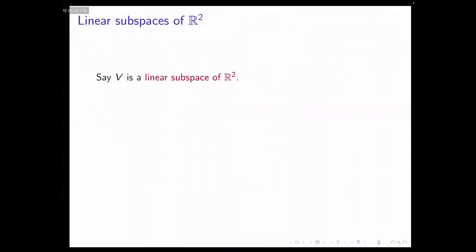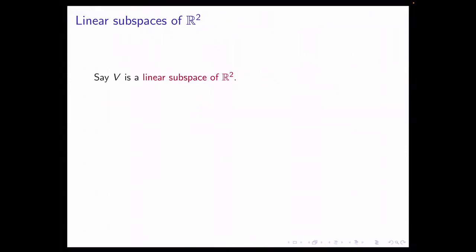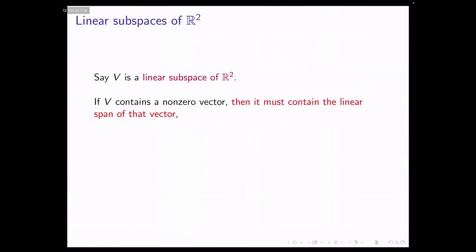Okay, some more examples. Say V is a linear subspace of R2. If V contains a non-zero vector, then it must contain the linear span of that vector, that is, the line that passes through it.